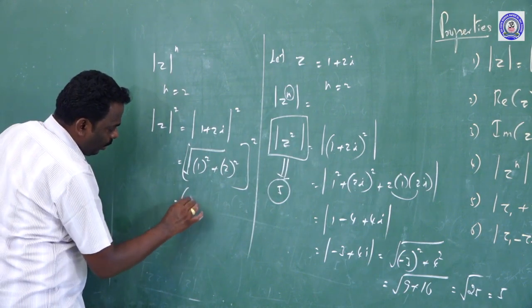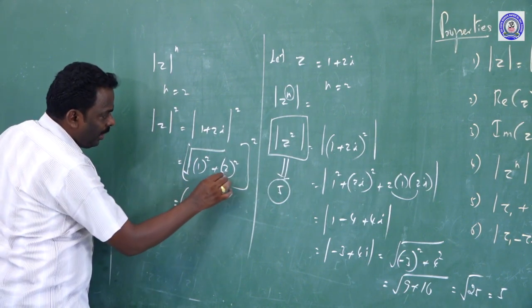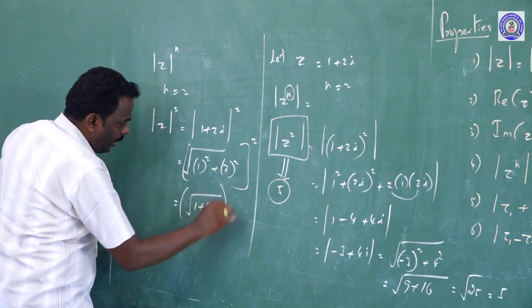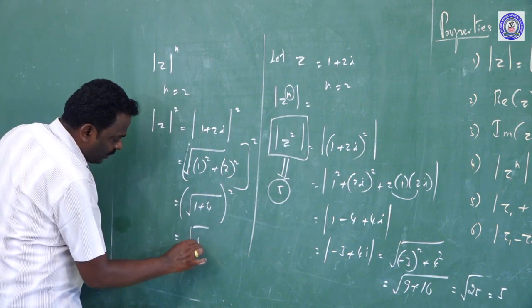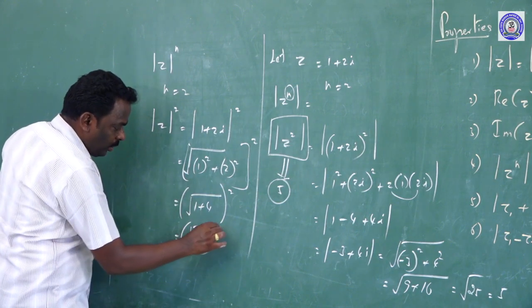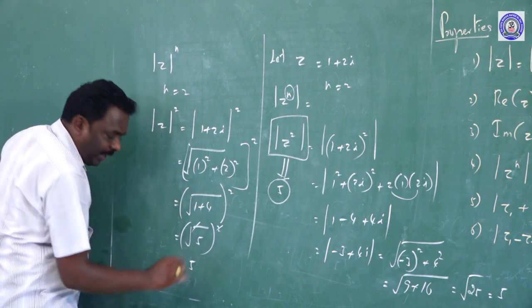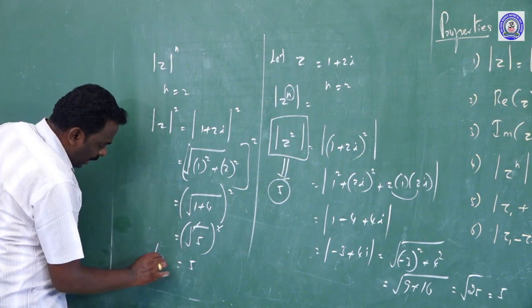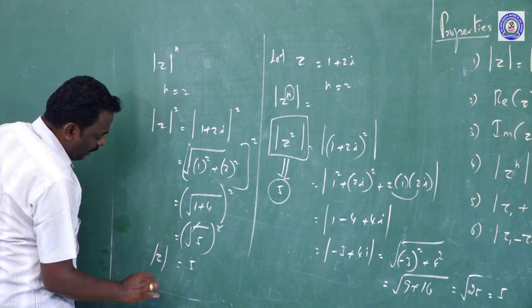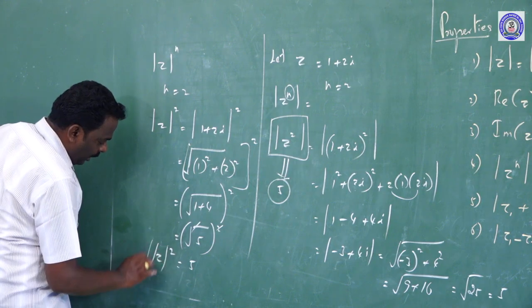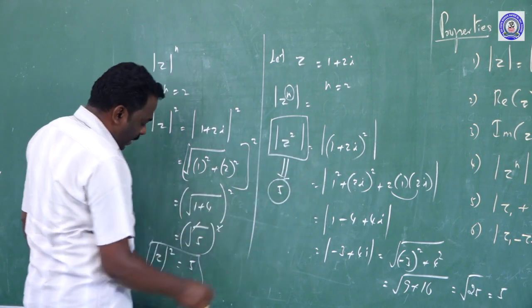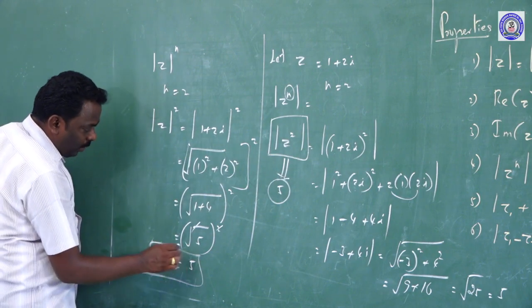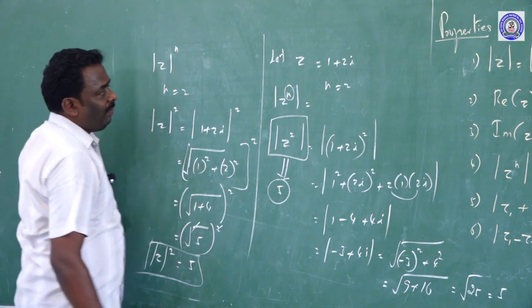Within the bracket, square root of 1 square, which is 1, and 2 square, which is 4, whole square. Now that is the square root of 5 whole square. Now the square root will cancel, that is equal to 5. Therefore modulus of z power 2 is equal to 5. Here modulus of z square equals 5, here modulus of z whole square equals 5, both are the same value.